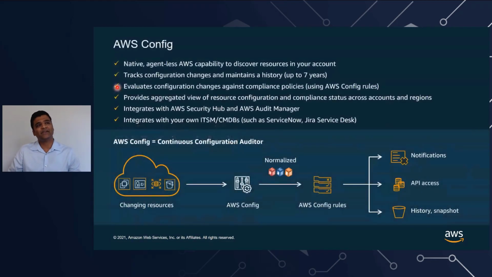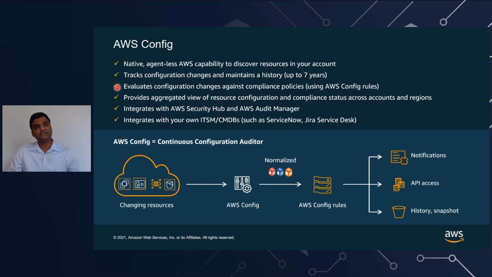So what is the AWS Config service, right? First of all, it's a native serverless AWS service, which is available through the console, right? And AWS Config enables you to access, audit, and evaluate the configuration of your AWS resources. Config continuously monitors and records your AWS resource configuration and allows you to automate the evaluation of recorded configuration.